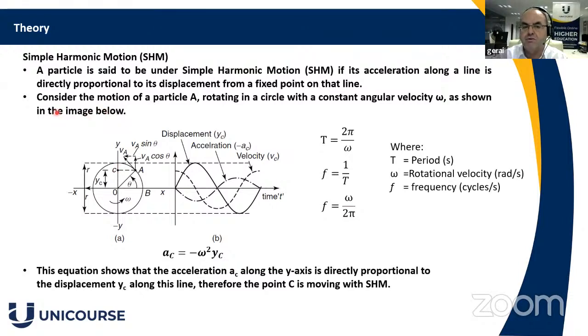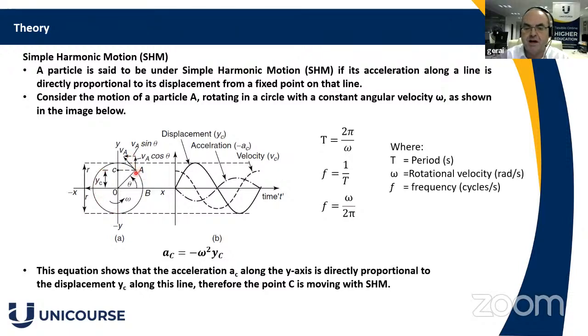So what we're going to do is consider the motion of particle A on that image, rotating in the circle with a constant angular velocity omega. So we have this particle A rotating around that path in a circular motion.